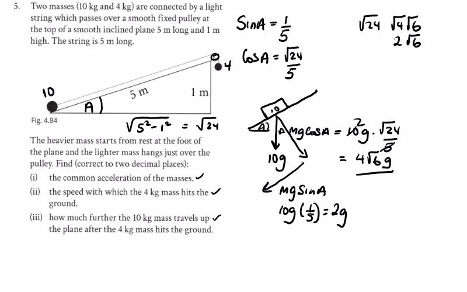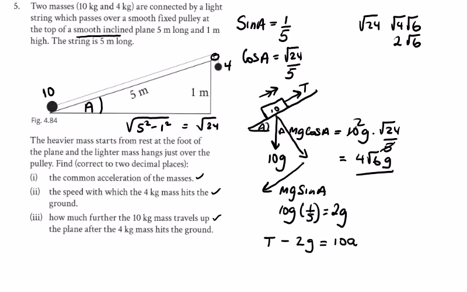So we have tension in the string for the 10. It's going up, so we have T. Any mu? Smooth inclined plane, so we don't have any mu. So T minus this mg sine A, 2g, is equal to ma, 10a.